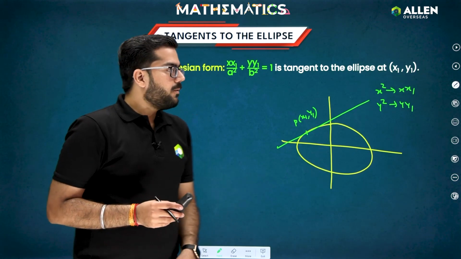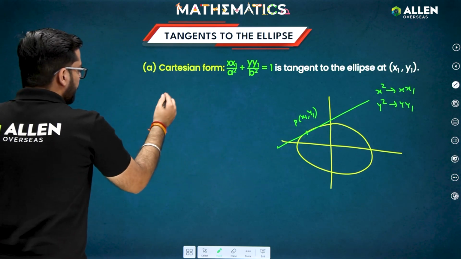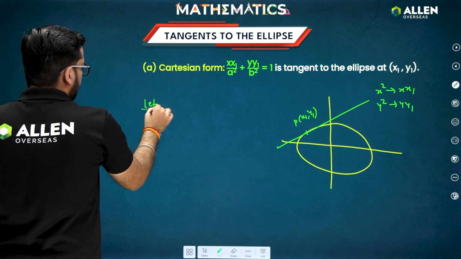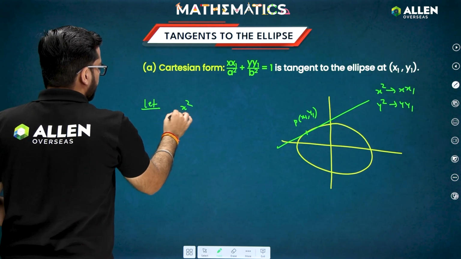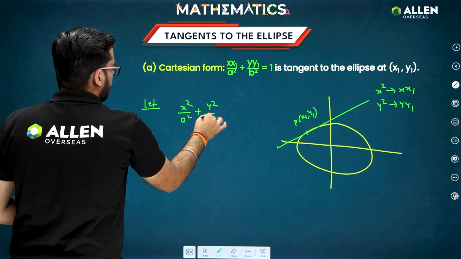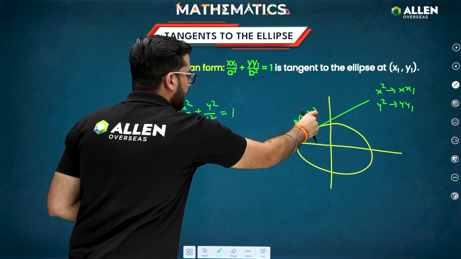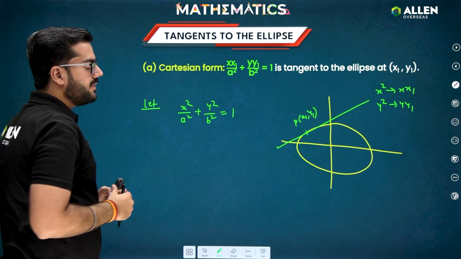Here, let's say I have one ellipse and the equation of this ellipse is x square upon a square plus y square upon b square is equal to 1. Now at this point of contact, I want to write the equation of tangent.